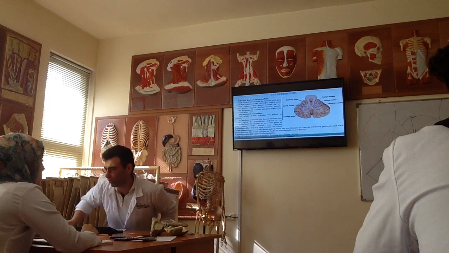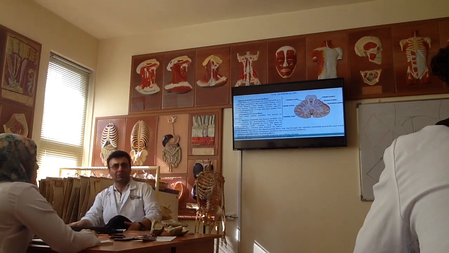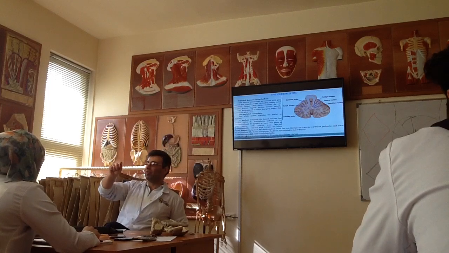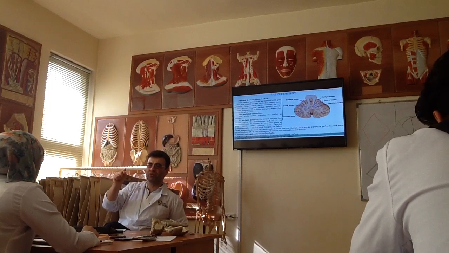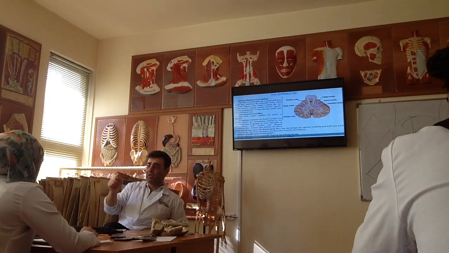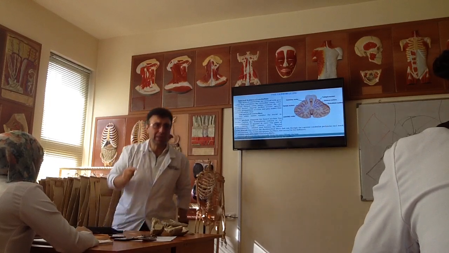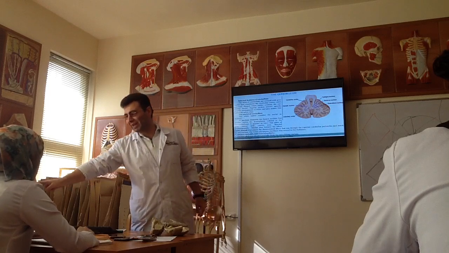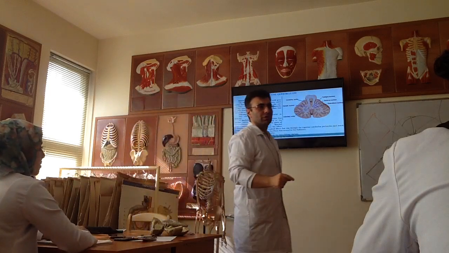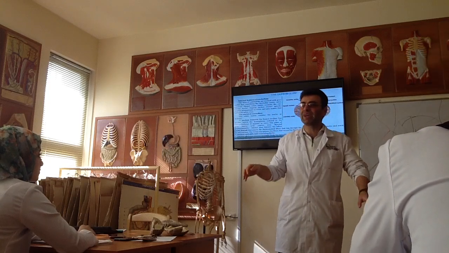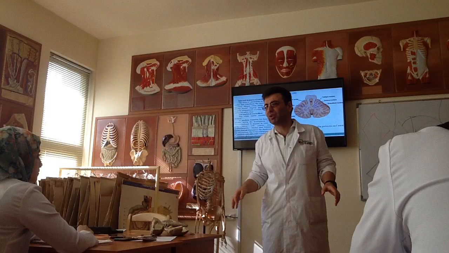What is the function of it, my friends? This is the main center of regulation of the position of our body. If the dentate nucleus is damaged, the person loses equilibrium.